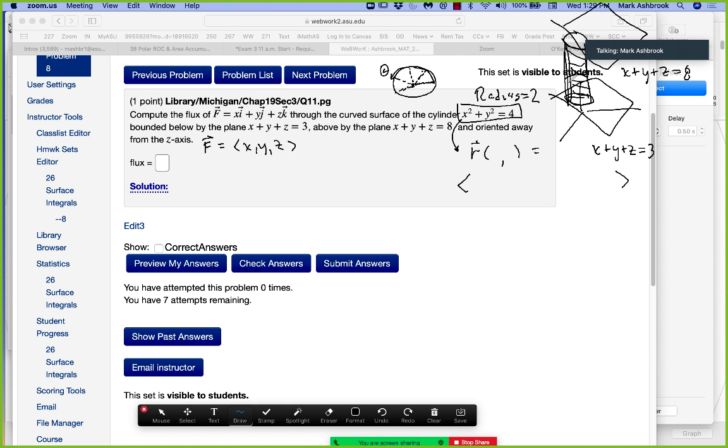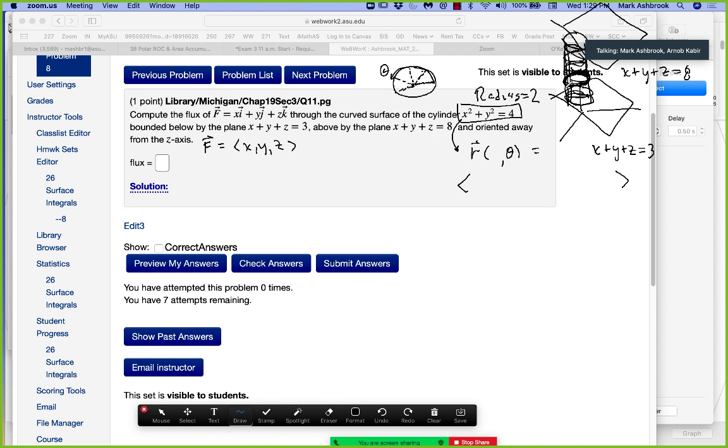For a given circle we just need one variable. Can we get every point on a circle? Theta. Okay. But then we need to get all circles, points on all circles at all heights.